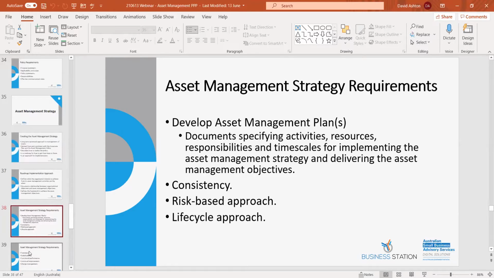And it's all contained within the asset management plan. So for each individual asset, you've got your overriding policy and procedures, you've got your asset management strategy, but then you have individual asset management plans that document everything that you're going to do to ensure that that particular asset is delivering its intended purpose.